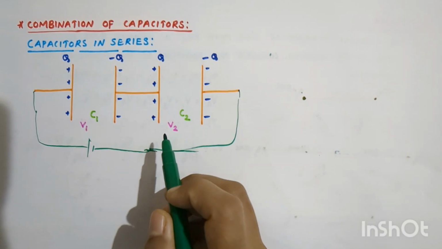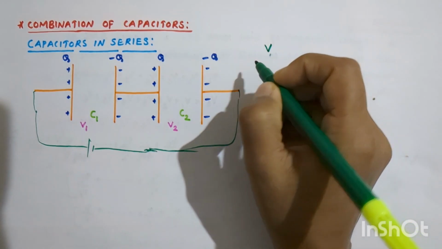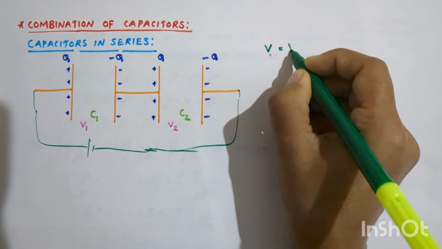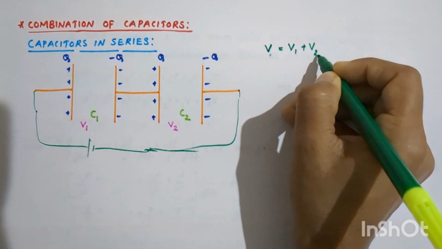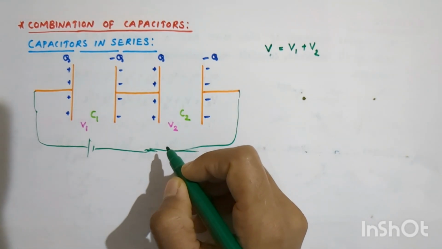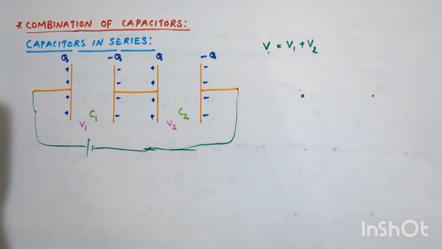Then the total potential difference V across the combination of these two capacitors will be the sum of potential drops V1 and V2 across C1 and C2 respectively. That is, we can write V is equal to V1 plus V2.